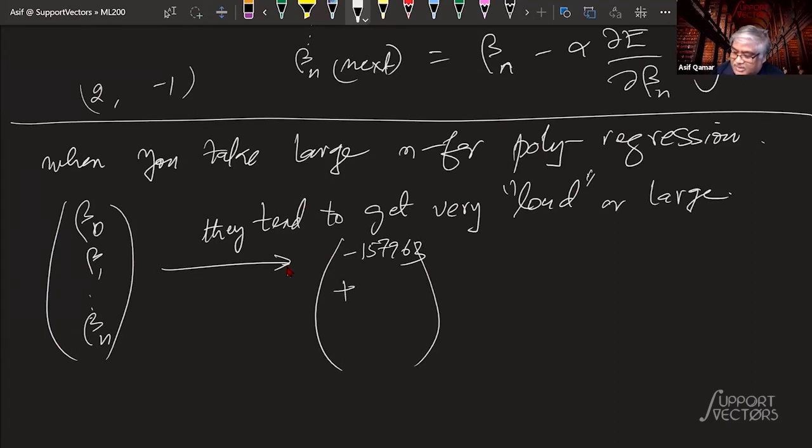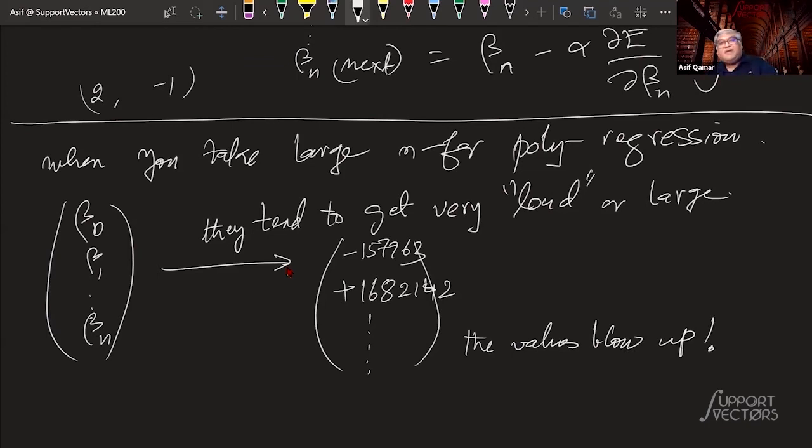This will look like plus 168, 2, 1, 4, 2. Do you notice that these values of beta blow up? Every factor seems to matter a lot. Each of the parameters seems to become very loud, very large values.